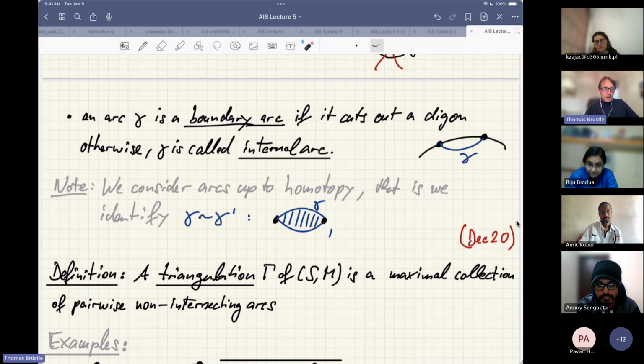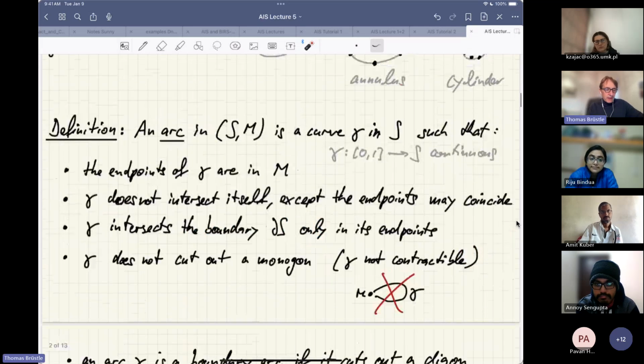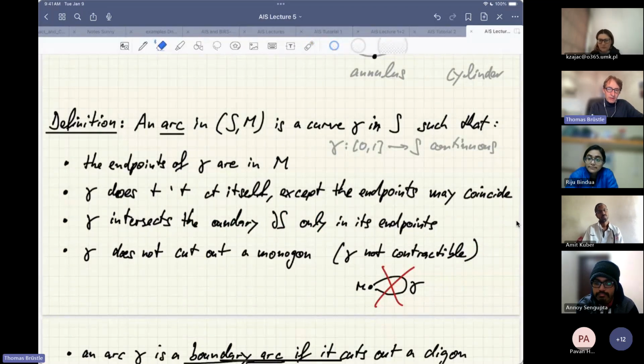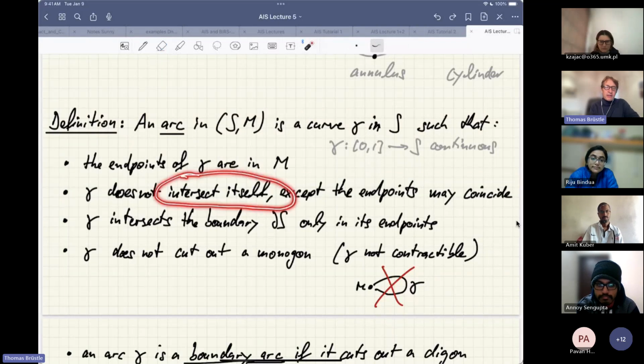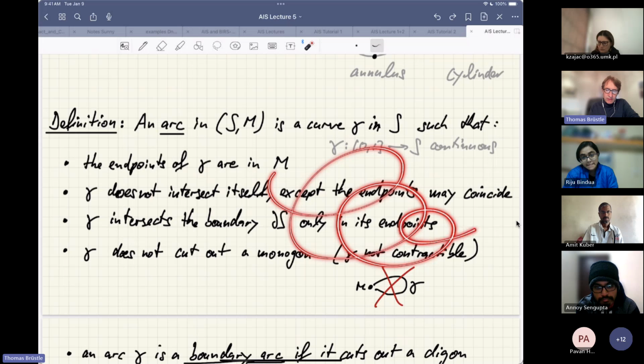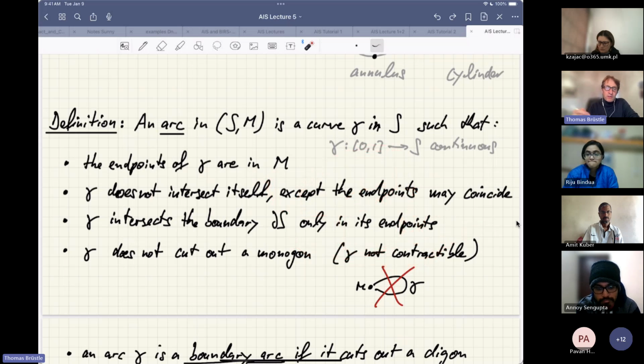The other very important condition is that the arcs do not have self-intersections. So arcs that go around and intersect themselves 100 times, such curves are not arcs. The only exception that I do allow is at the endpoints.